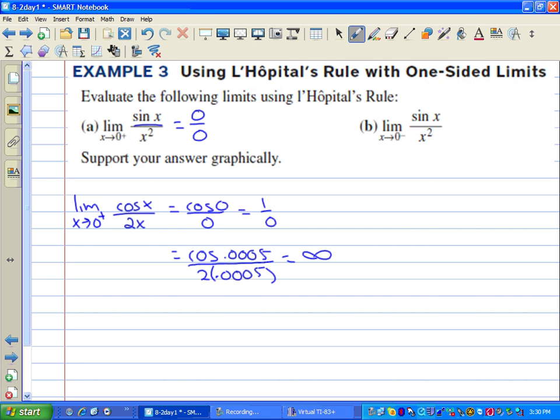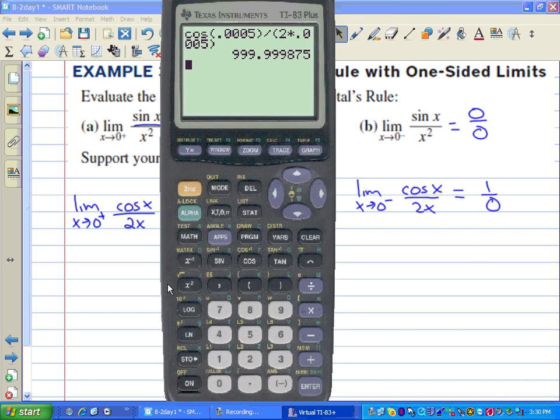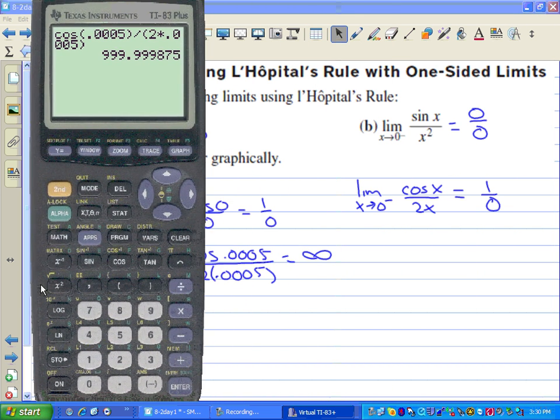Now, what about if we're approaching 0 from the left? Once again, if we plug 0 in for x, we get the indeterminate form 0 over 0. So we have the limit as x approaches 0 from the left of the cosine of x over 2x. Now, if we just plug 0 in, of course, we're going to get 1 over 0 again. Well, what if we changed the 0.0005 into negative?